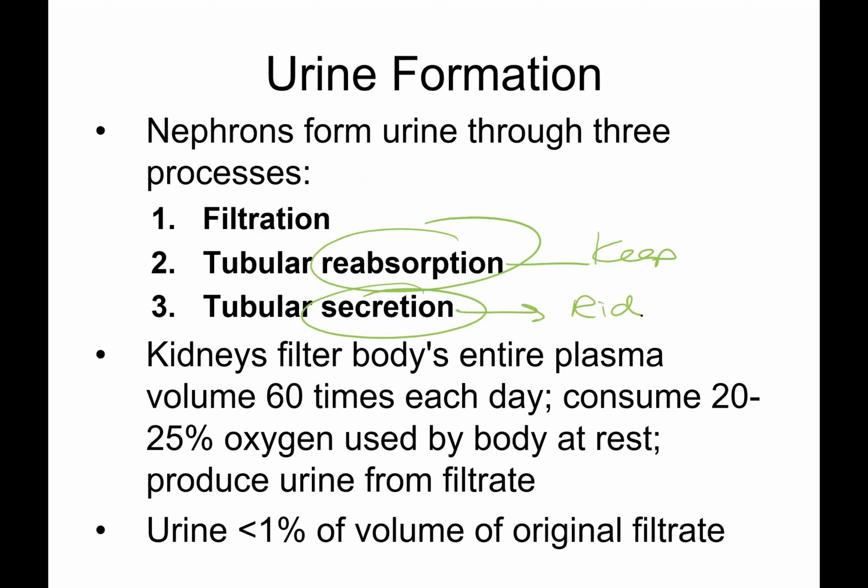Okay, reabsorption is keep, secreting is getting rid of the bad stuff. Okay, your kidneys filter your entire plasma, blood volume about 60 times a day. So that's a lot of energy, a lot of work that your kidneys are going through.